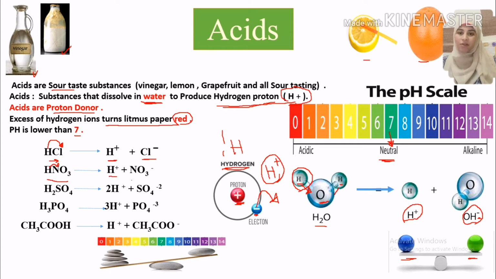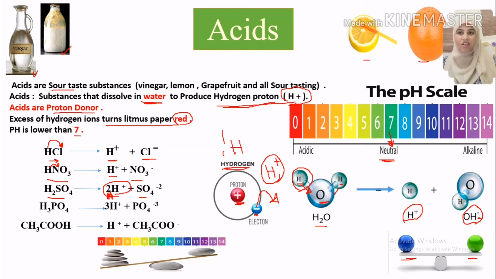In the case of sulfuric acid, we have 2 hydrogen protons and 1 sulfate group, SO4 minus 2. Take care, sulfuric acid is a dibasic acid. The acid contains 2 hydrogen protons. The acid can donate 2 hydrogen protons, so we can see it in sulfuric acid.